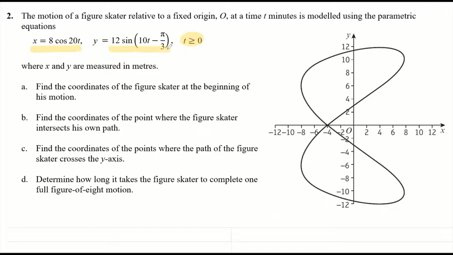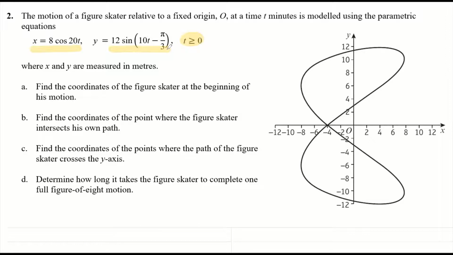And we've got the graph plotted for us on the right hand side. So we've got a diagram which we can use as a reference point. The x component of this is measured in meters, and the y component is measured in meters. So the Cartesian grid is essentially a bird's eye view of the figure skater's path.